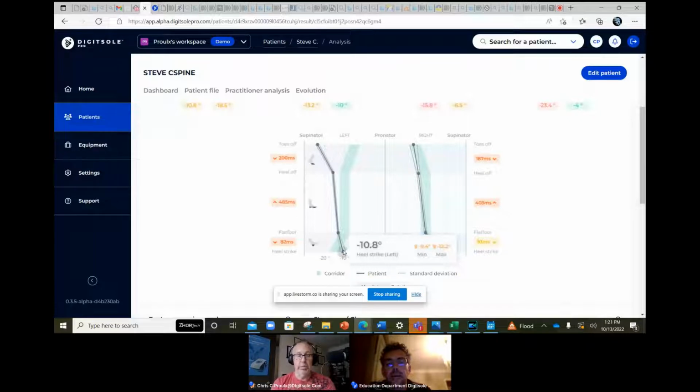One is the actual angulation, and this green corridor, as we call it, is the normal path after, I think we have over 70,000 analyses and millions of steps. So we've been able to develop this normative value for our system. And so that's the normal path, but he is not following the normal path.